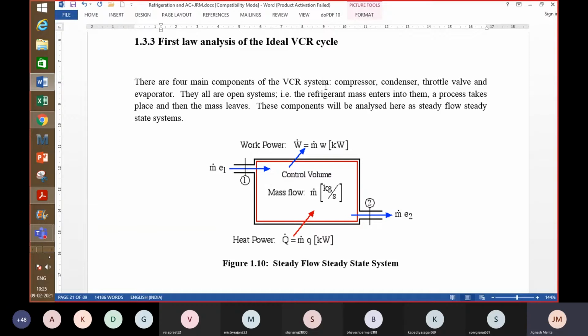We can take some readings, we can do some calculations, and we can get different performance parameters of the cycle. The cooling rate would be one important thing, and COP would be another important thing that we would be interested in.